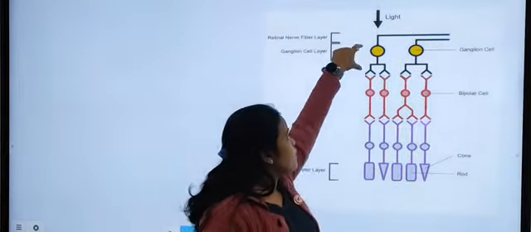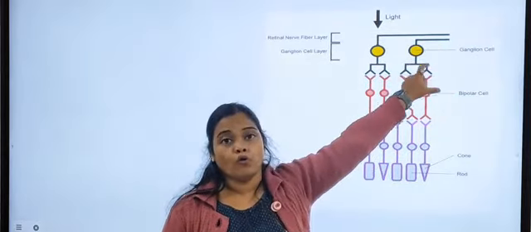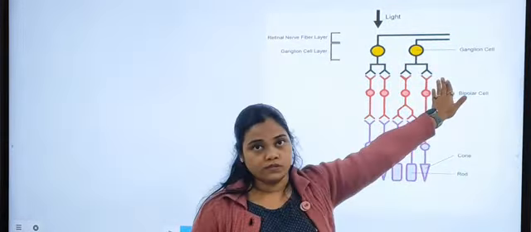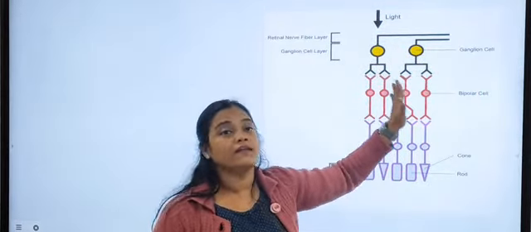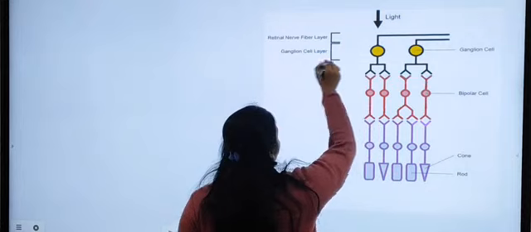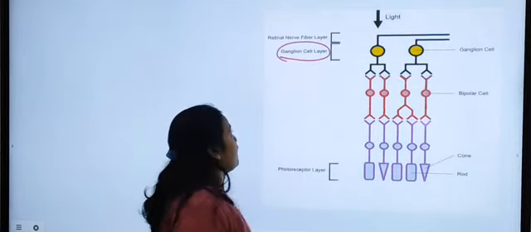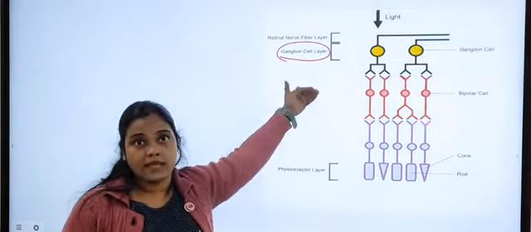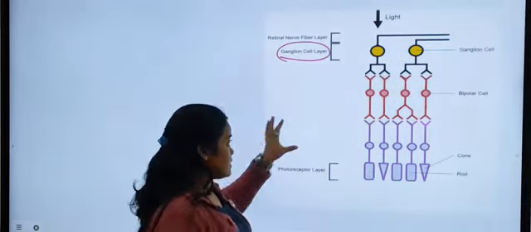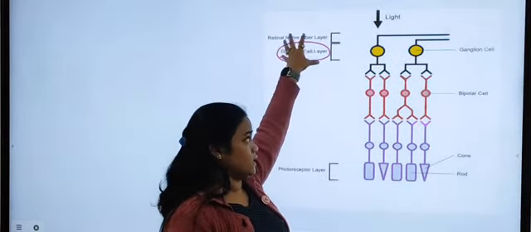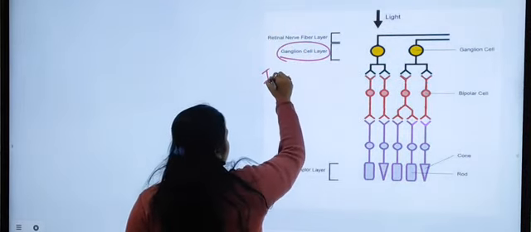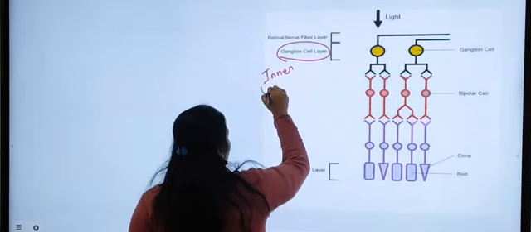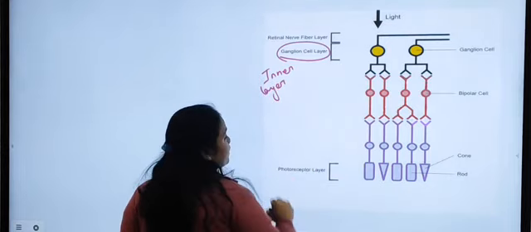Yes, this first layer is made up of the ganglionic neurons, and this is known as the ganglionic layer, the ganglion cell layer. Next, this is the inner layer of the retina.